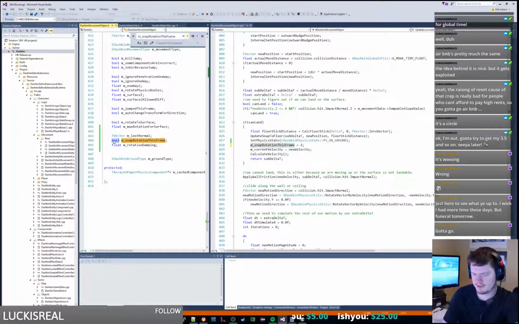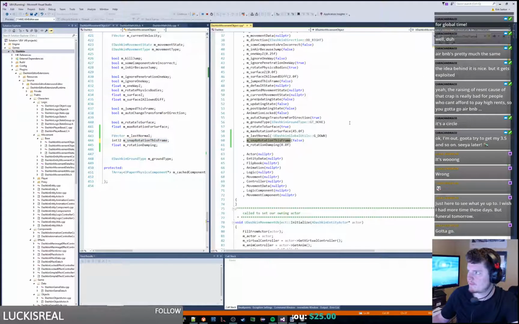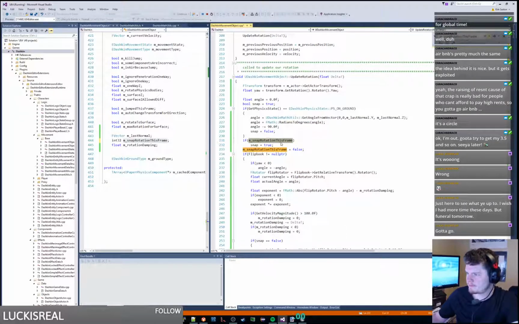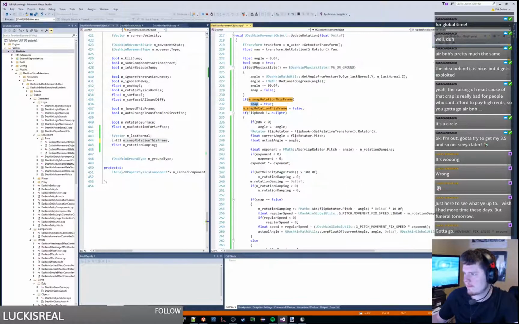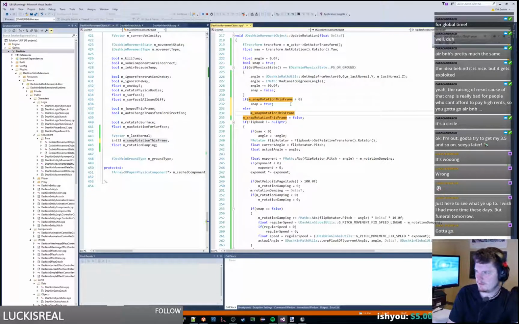So why don't we just change this to an N32, and we'll just have snap rotation this frame. We'll set it to 0. So if it's greater than 0, snap equals true. Otherwise, we'll minus minus.